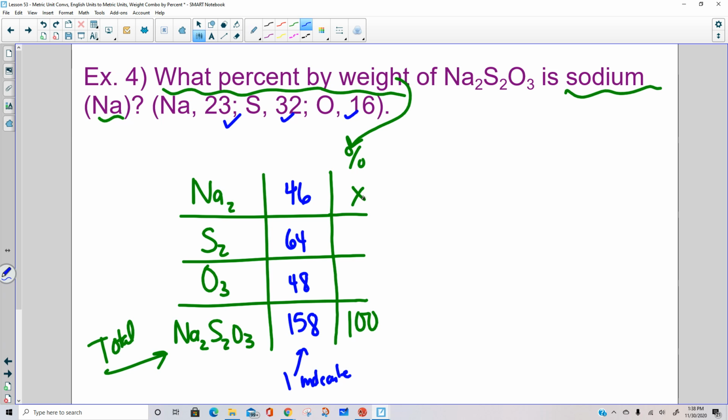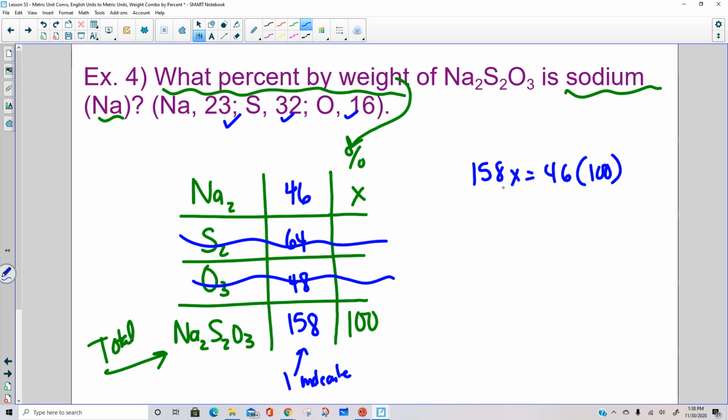Okay. We could actually find the percent by weight of any of these substances, but they just ask in particular for the sodium. So we're done with this row, done with this row. And we can go ahead and cross multiply. So 158x equals 46 times 100.